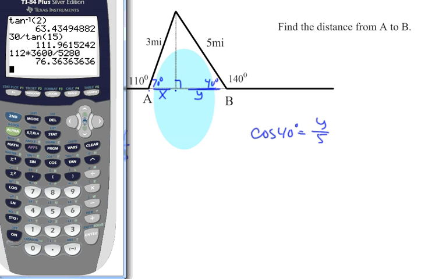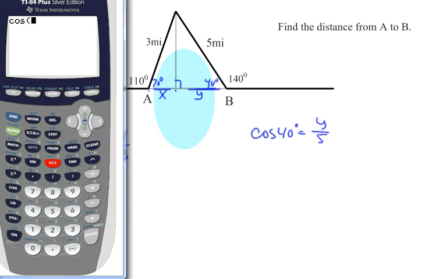So the cosine of 70, I know my angle, I will take it times the 3. And we're going to get 1.02. So x will equal 1.02. Now let's find the y value. So cosine of 40, we're going to take it times 5, and we're going to get 3.83.